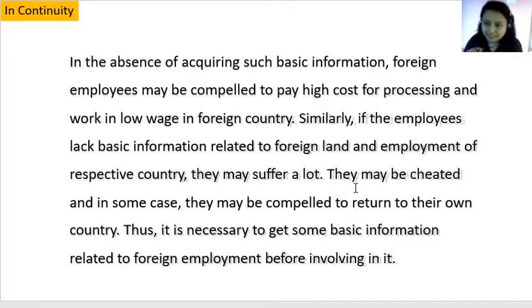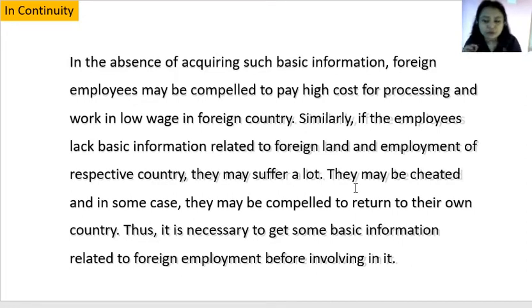This is very common among Nepalese people going to foreign countries. Some people are doing far better than they would in Nepal, but some are suffering a lot. They have been cheated by the manpower companies, and by the employer also.